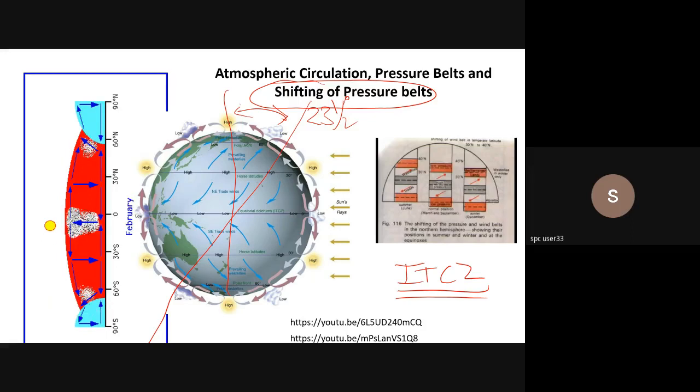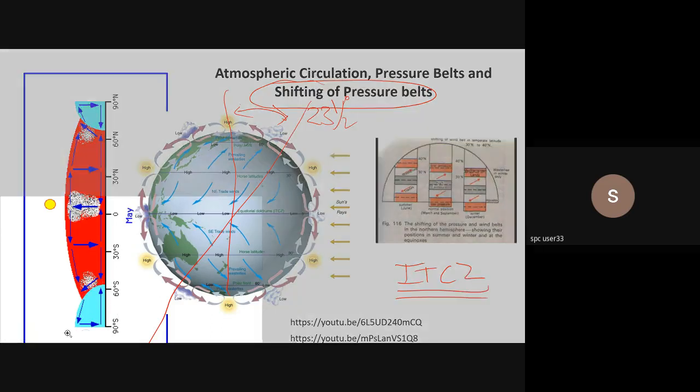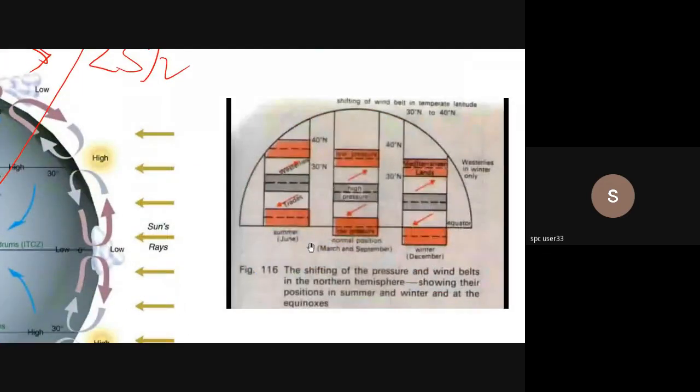To understand this, I would like to throw light on this diagram here. The central one is basically the equinox position. The one to the right of the equinox position is of course December, because all of this has shifted south. And this is the June condition, wherein all of this has shifted north.